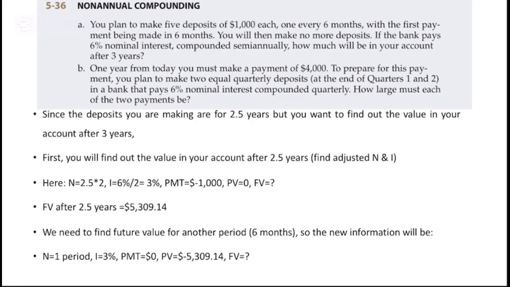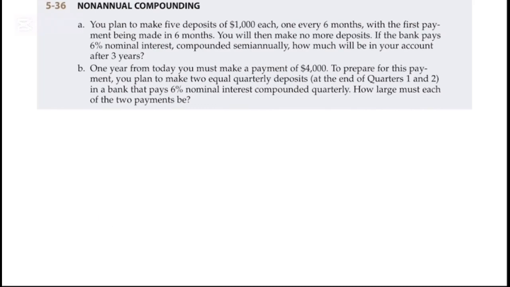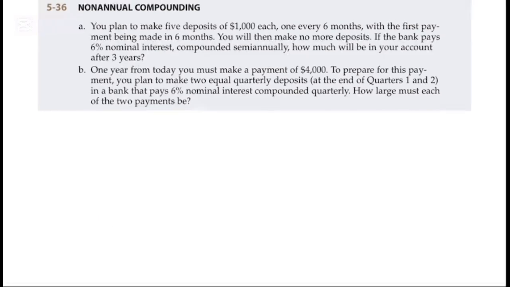PMT is 0, since the question says that we don't make any payment in the last 6 months. And the present value is the future value that we found after 2.5 years. Plug in all these values in the financial calculator, and you'll find the future value, which turns out to be $5468.41.